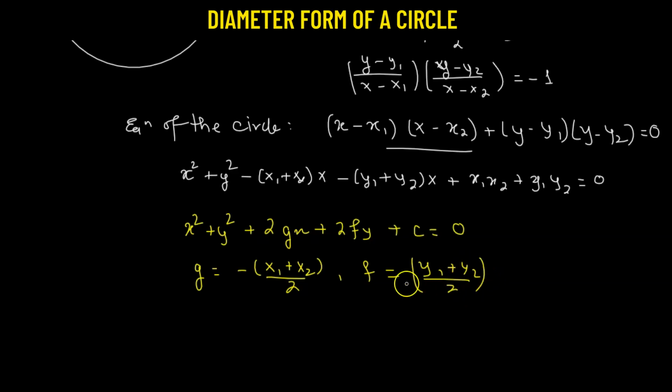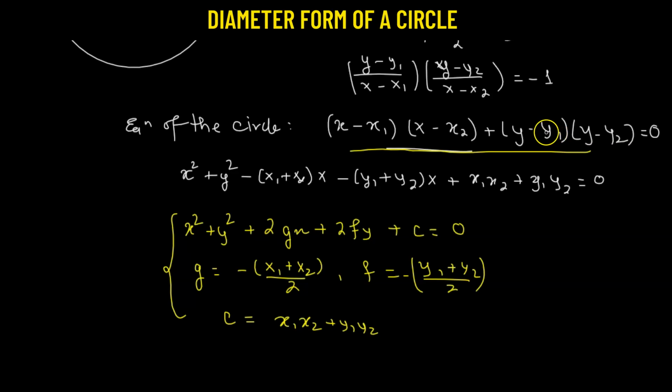And we can also find out the value of c, that's simply x1 x2 plus y1 y2. This will become useful in some other case, but we'll stick to this particular formula. So this is going to be the equation of the circle when the endpoints of the diameter are given to us, or another way, this is the diameter form of a circle.